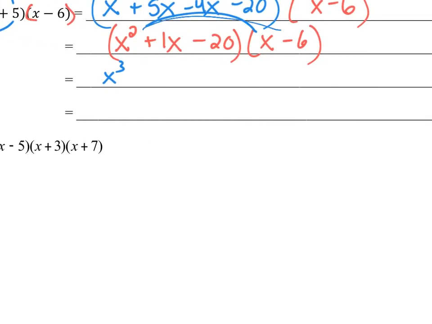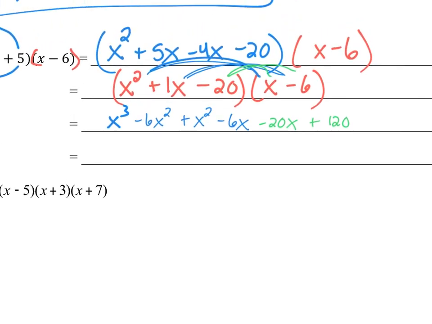And x squared times negative 6 is negative 6x squared. Then we have x times x is positive x squared. And x times negative 6 is negative 6x. Negative 20 times x is negative 20x, and negative 20 times negative 6 is positive 120.